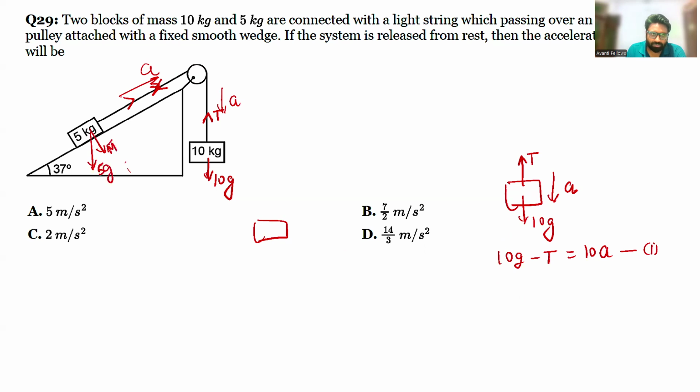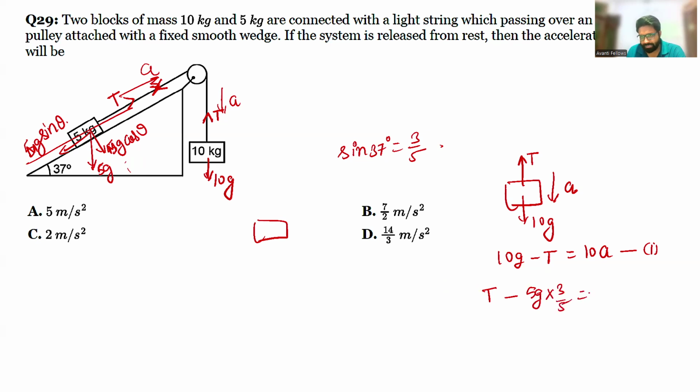This component is 5g cos theta, and this component will be 5g sin theta. Theta is 37 given to us, and sin 37 is 3 by 5. So if I apply the equation here, the tension acts up along the incline, so it will be T minus 5g sin 37, which is 3 by 5, equals 5 into A.